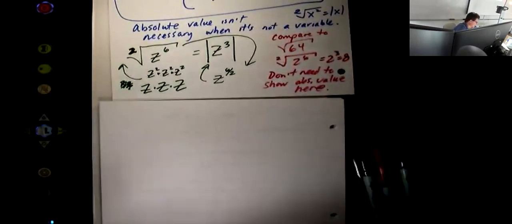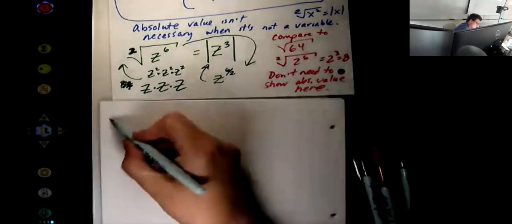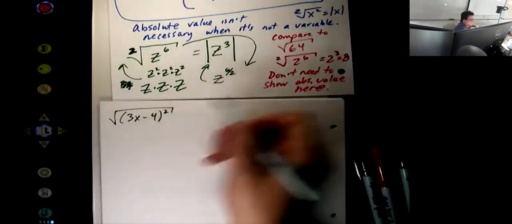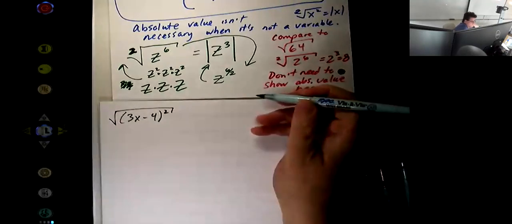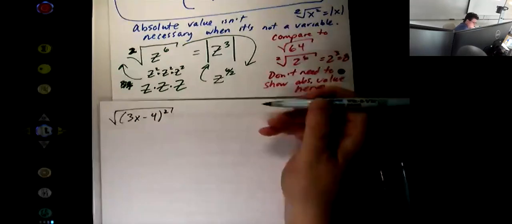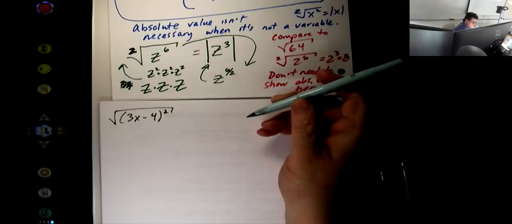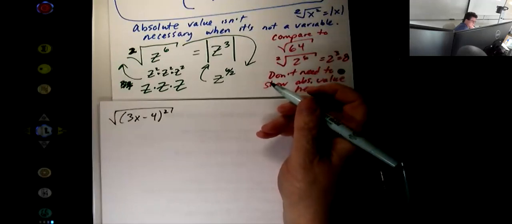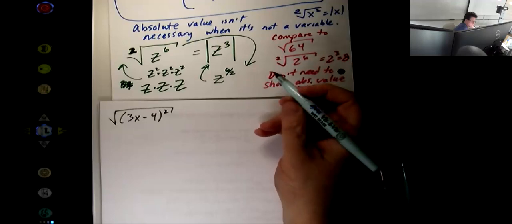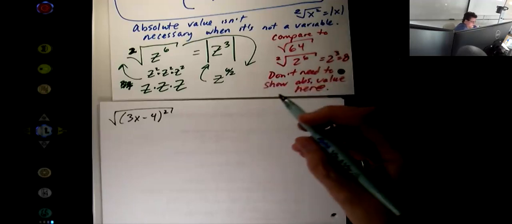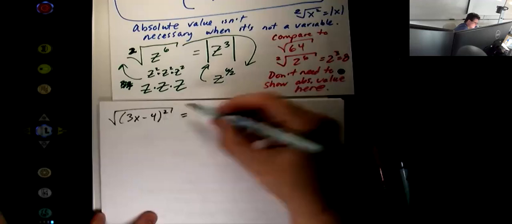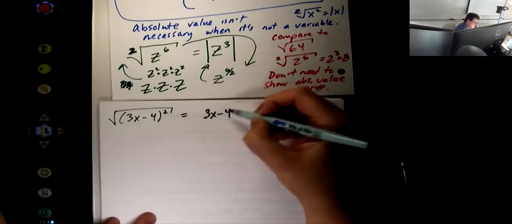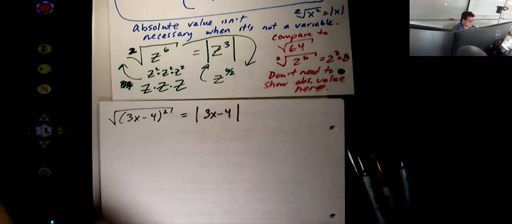Apply the other one, like the square root of 3x minus 4 squared. The square root and the square power cancel each other out, but it's an even power. So I'm left with this.